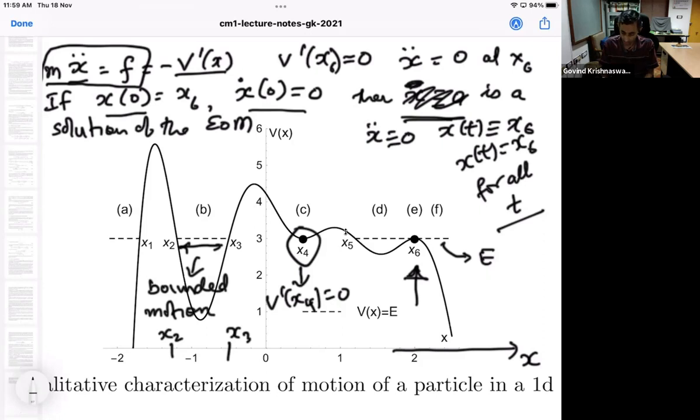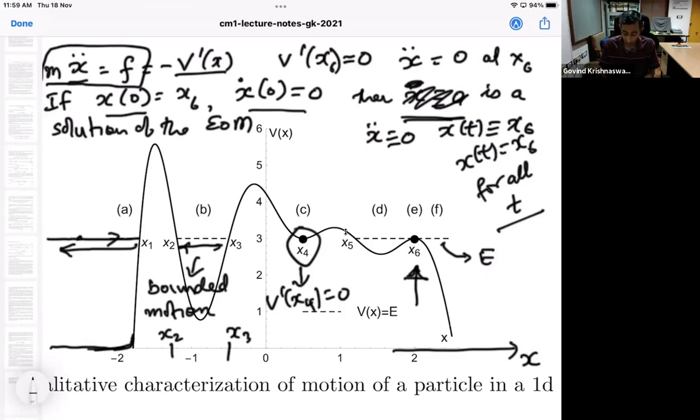Whereas if the particle begins somewhere on the left here, and if the potential has gone to 0 beyond that point, then the particle can display unbounded motion. It can come in from the left, scatter against this potential, and go back out to infinity or minus infinity.